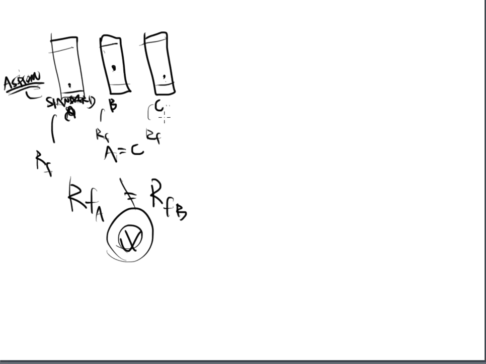For C, it's pretty close. And when I calculate my RF, it won't be identical, but it'll be close. And because of that, I can kind of say that my RF of C matches the RF of the aspirin standard that I ran. And due to that, the sample is probably aspirin.